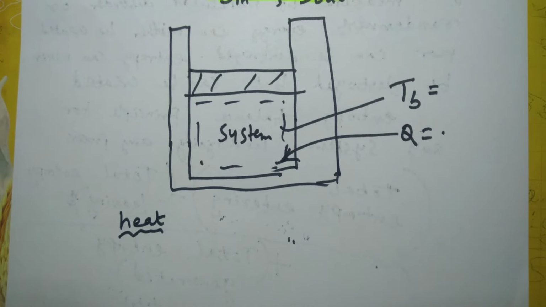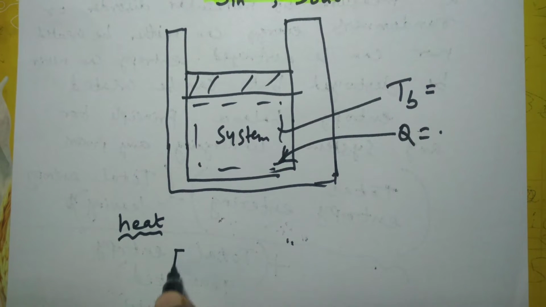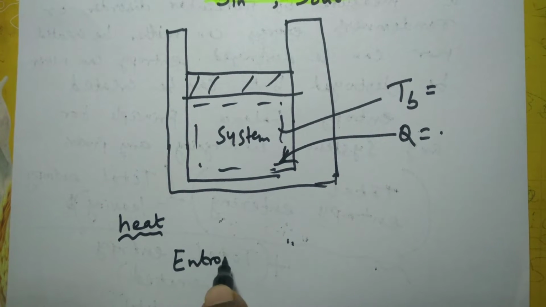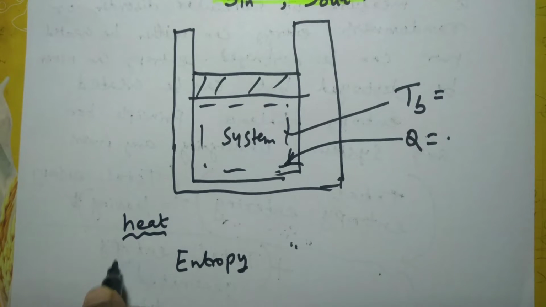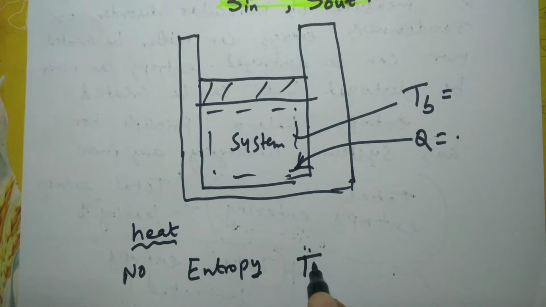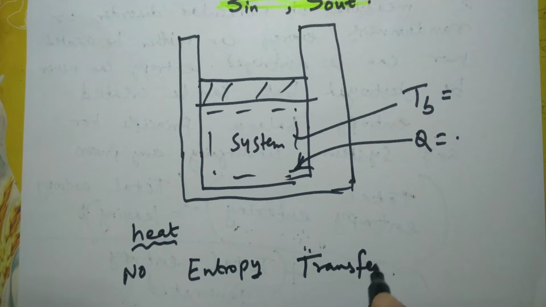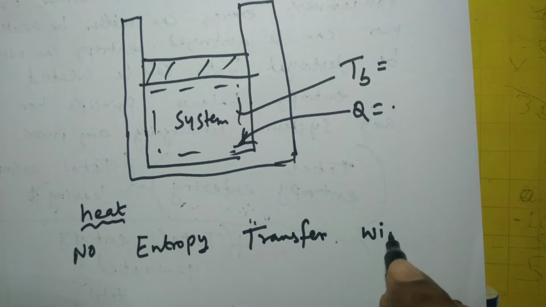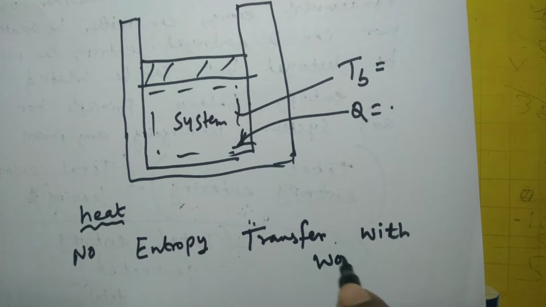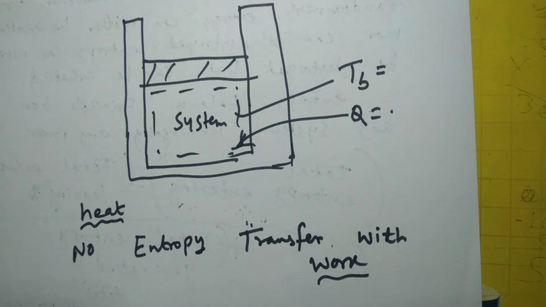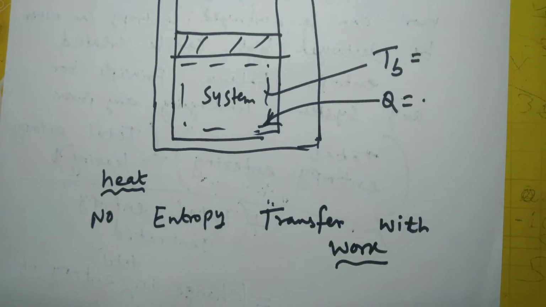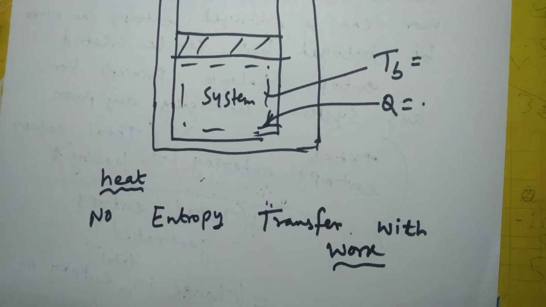But there is no entropy transfer with work. So this is one of the differences between heat and work interaction between system and surrounding.